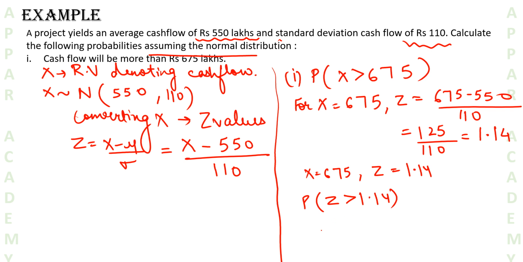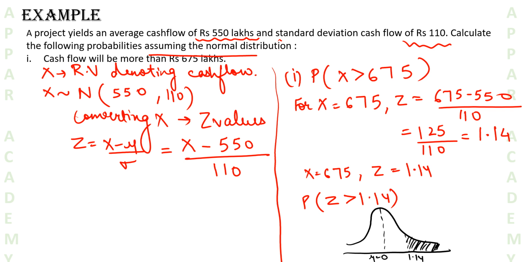So how will we find this? Let's sketch it up. This is our standard normal curve. Now we know this is the mean 0. Now we know Z is greater than 1.14. 1.14 is here, and Z is greater than here.